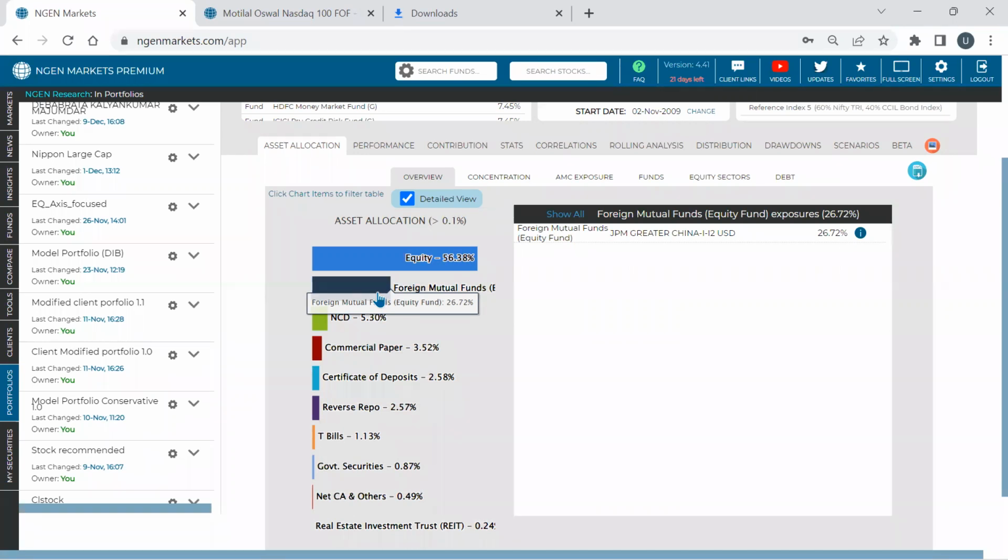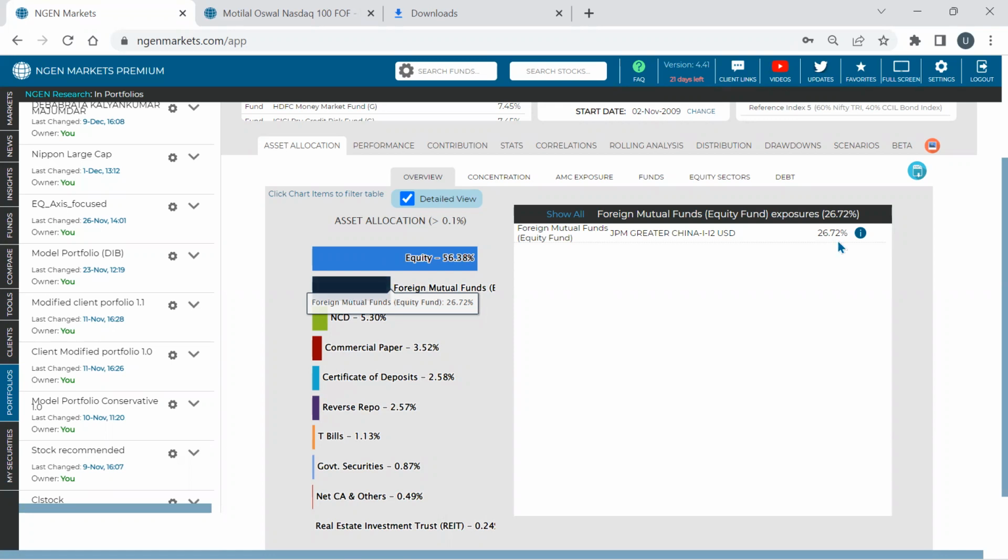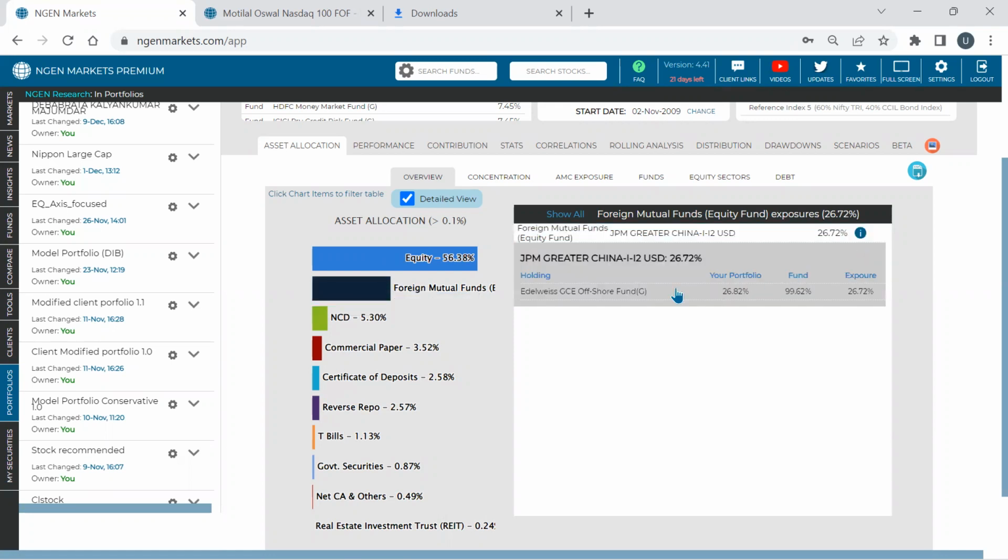So equity 56% means it's Indian stocks, basically. And the reason you have a foreign mutual fund bucket here is because there are some funds that you've got in this portfolio who have put their money into foreign mutual funds. And that's like LYGC offshore fund. And you can see the other slightly detailed buckets here as well.